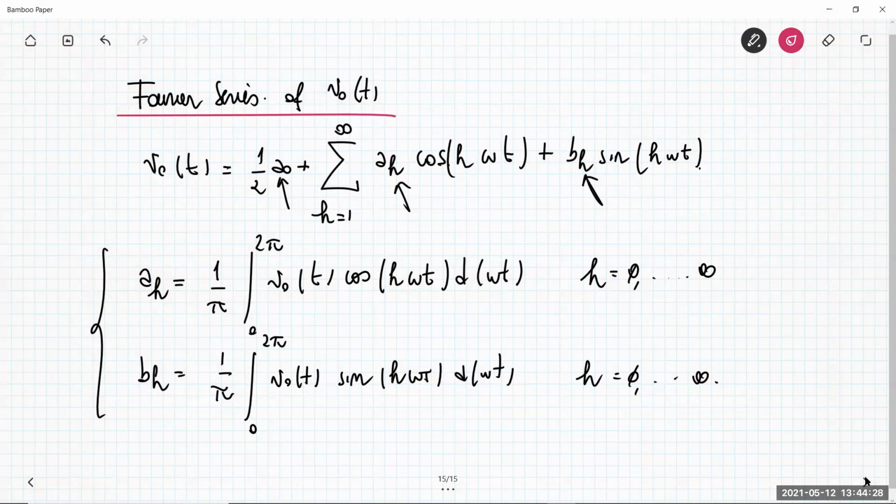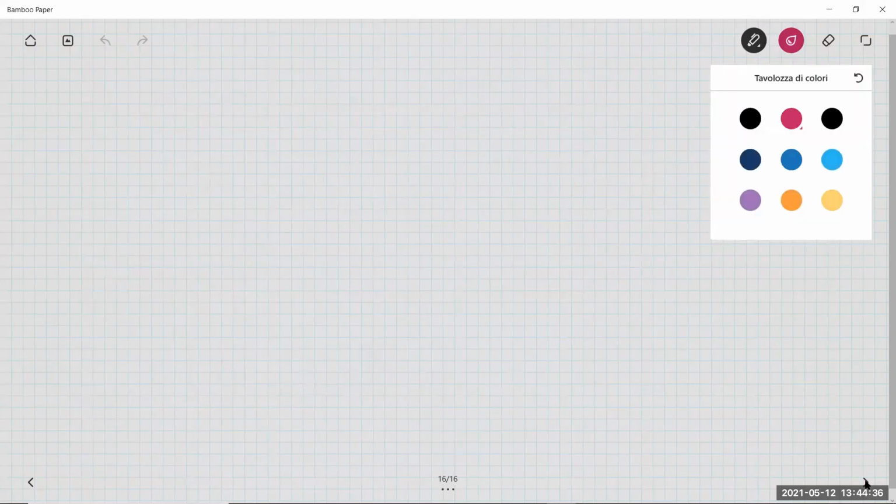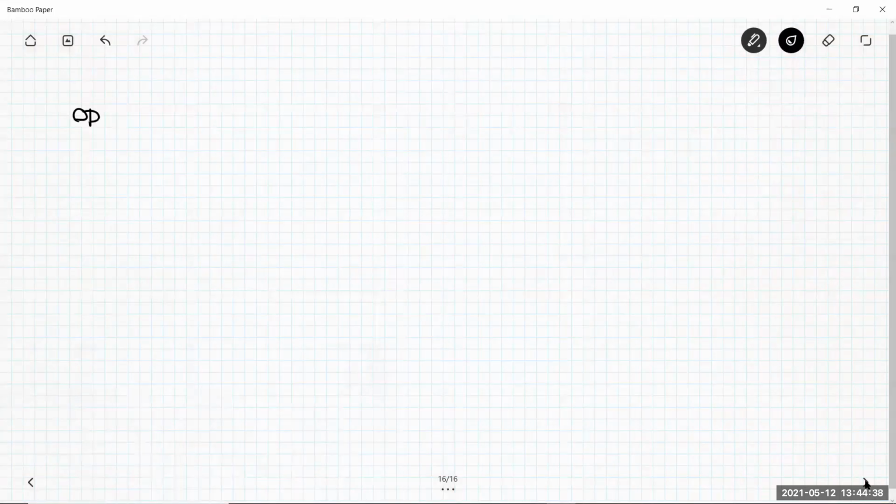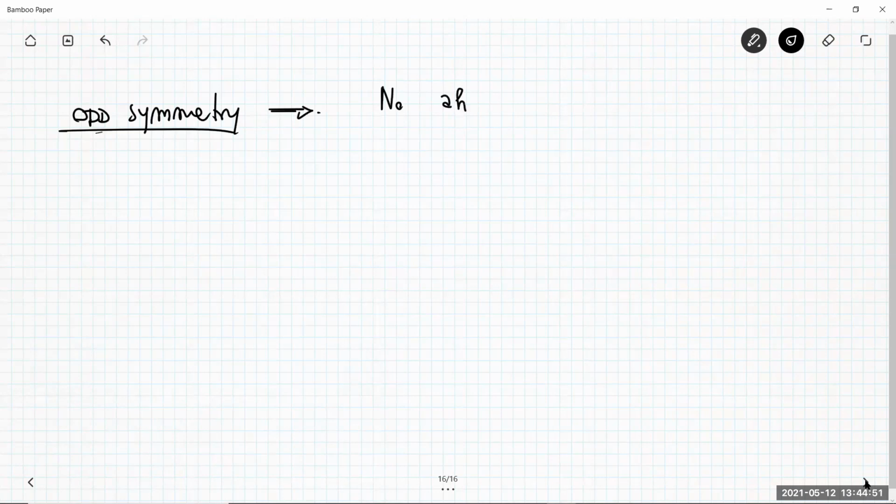So what are the advantages of having these specific symmetries? If you have a waveform that has odd symmetry, this leads exactly to having no ah coefficients.